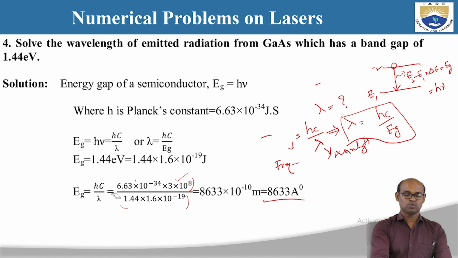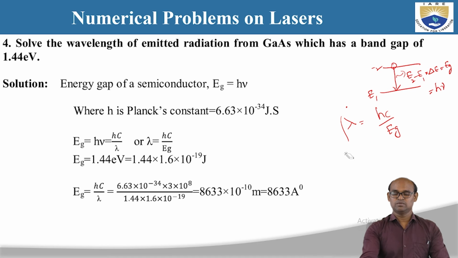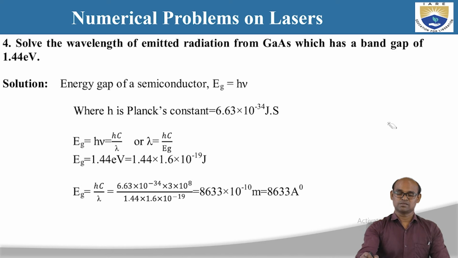Okay, so we have worked on different types of problems on lasers. We are going to look at one more problem on lasers, and then we will complete different varieties of problems on lasers.